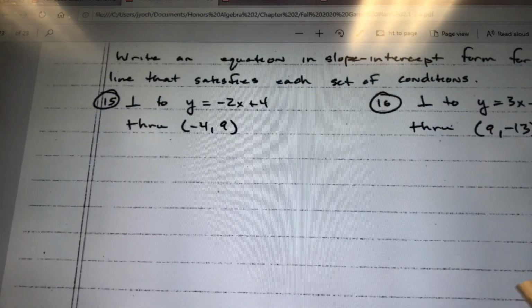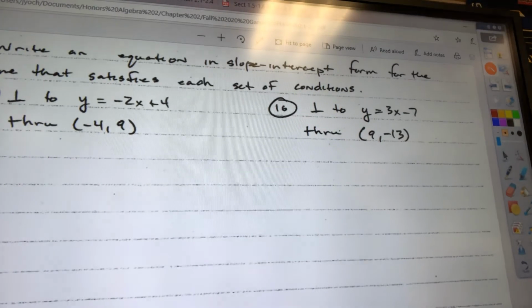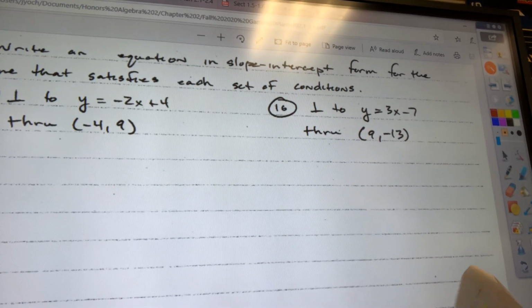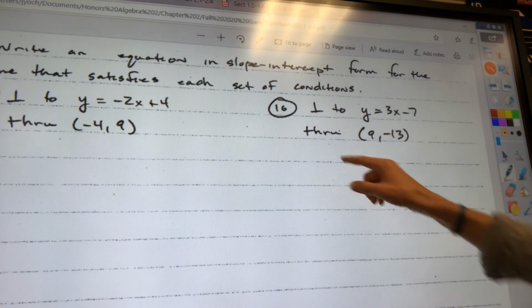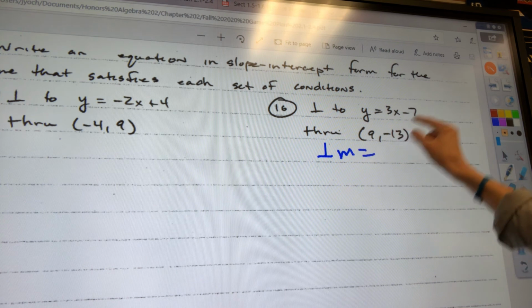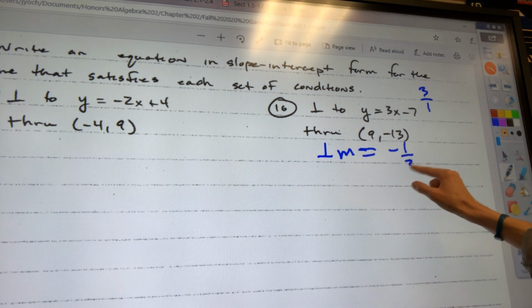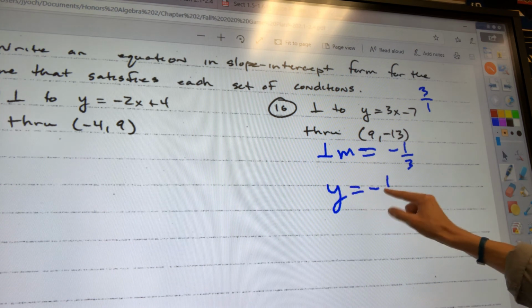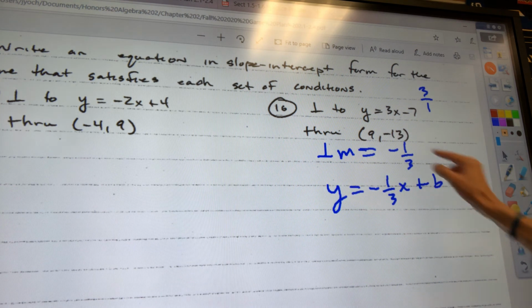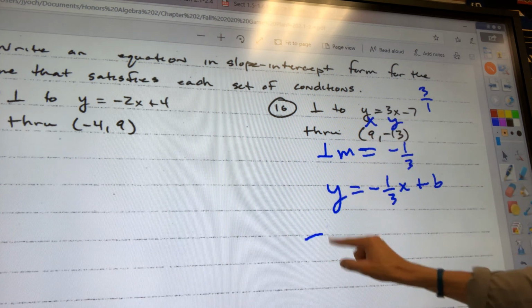Let's look at the right side. Write an equation in slope-intercept form for the line that satisfies the set of conditions. So it's perpendicular to that line. So the perpendicular slope, if this slope is 3/1, the perpendicular slope is negative 1/3. y is negative 1/3 x plus b, and it goes through that x, that y.